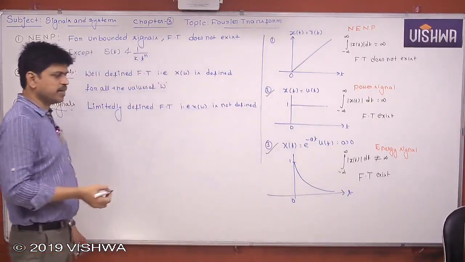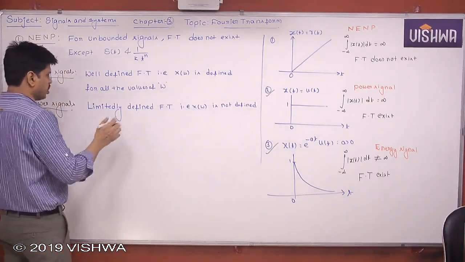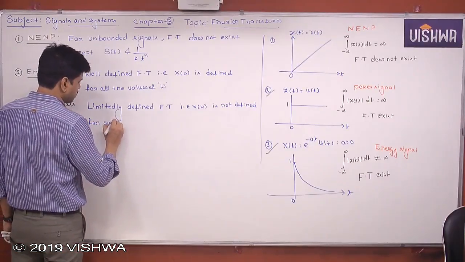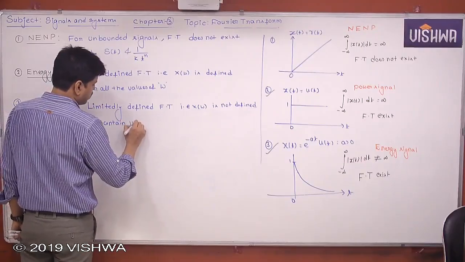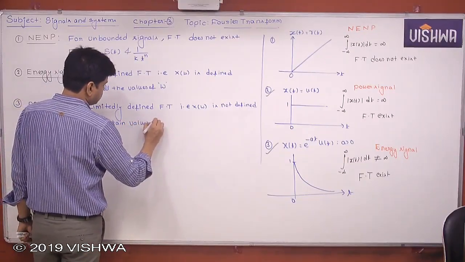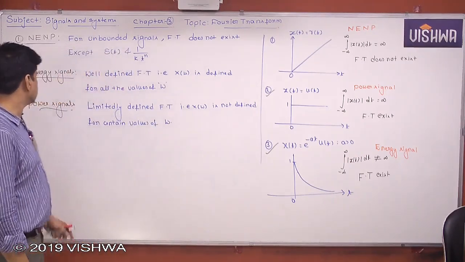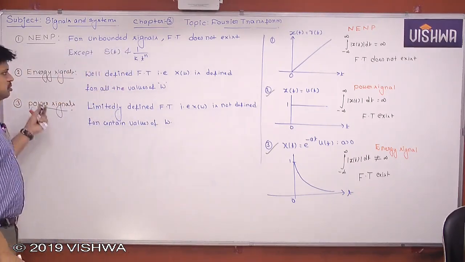What do you mean by not defined? Its value is going to be infinity, for certain values of omega. So these are the things we have to remember.